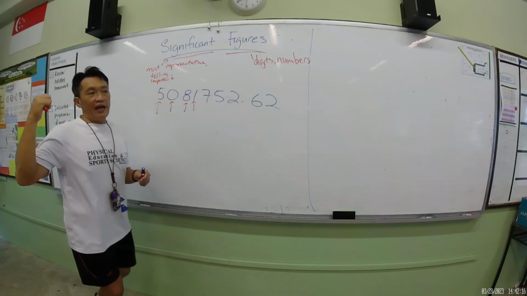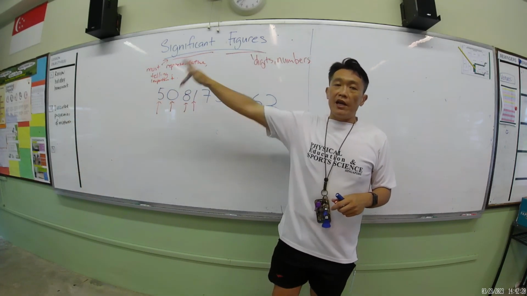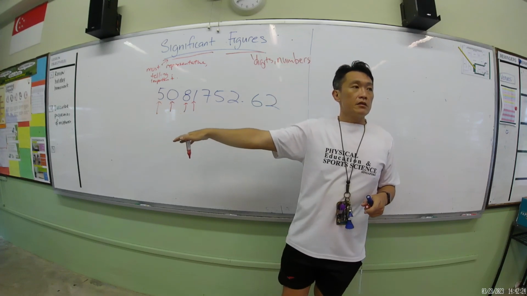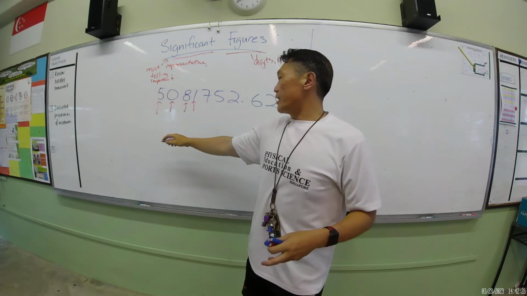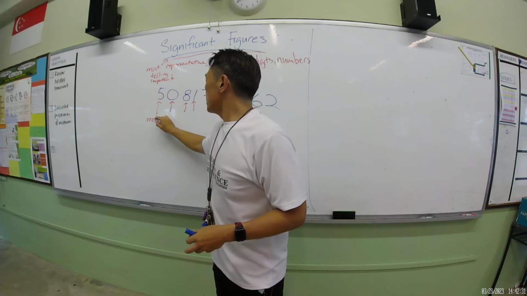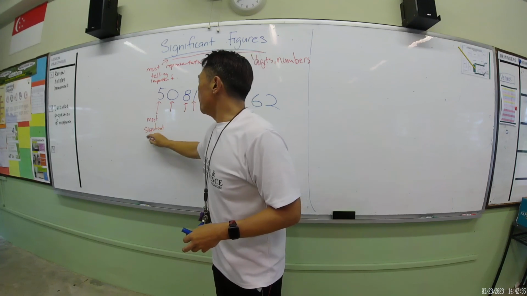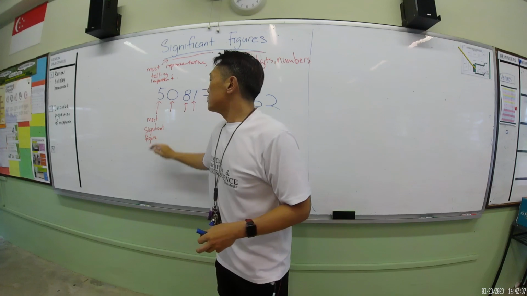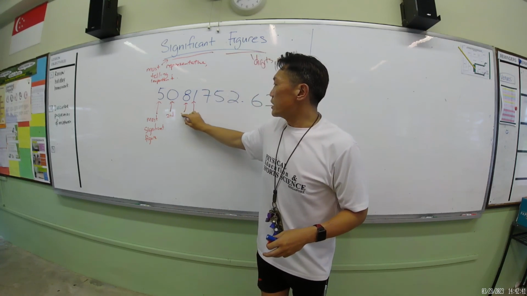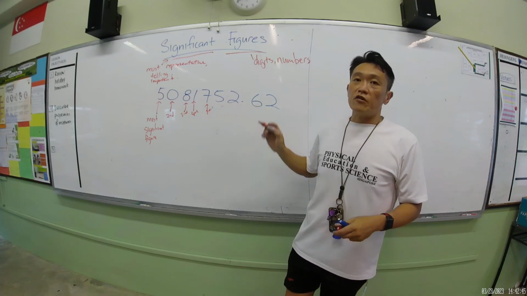When we go to the left of the string of numbers, the more left we go, the more significant it is. Okay? So this is the most significant figure. This is the second most, third, fourth, fifth, and so on and so forth.